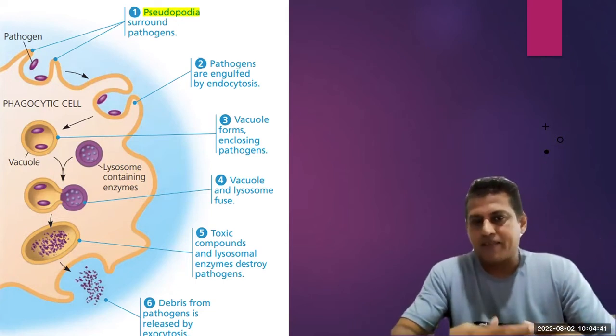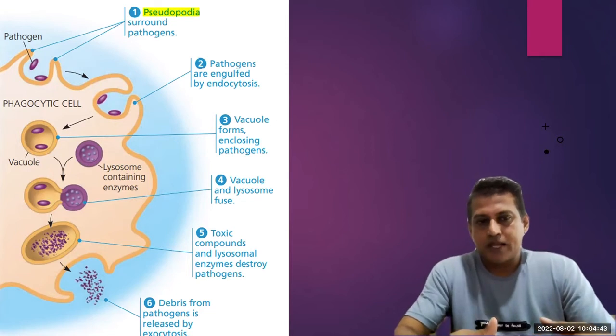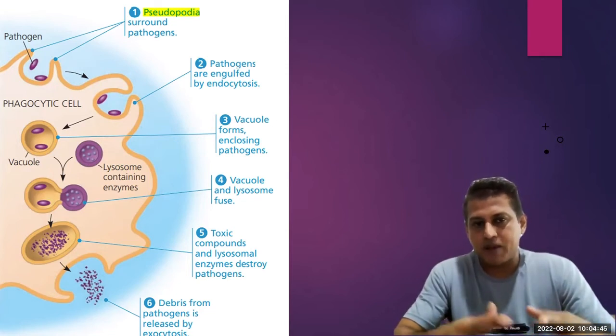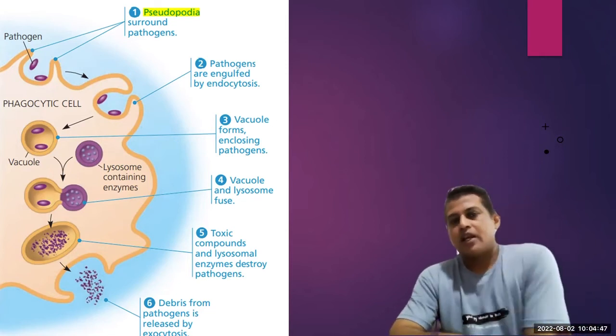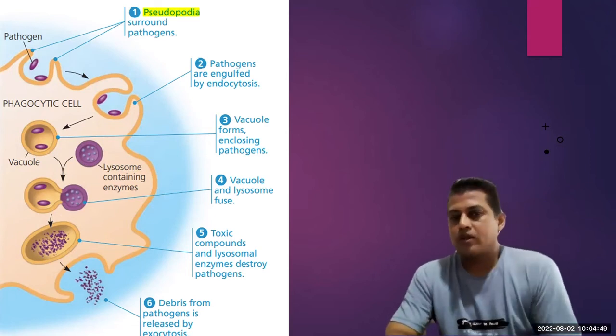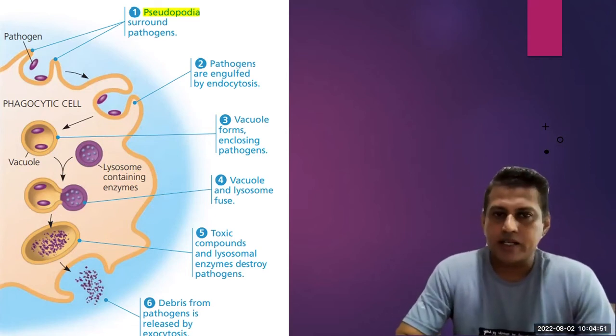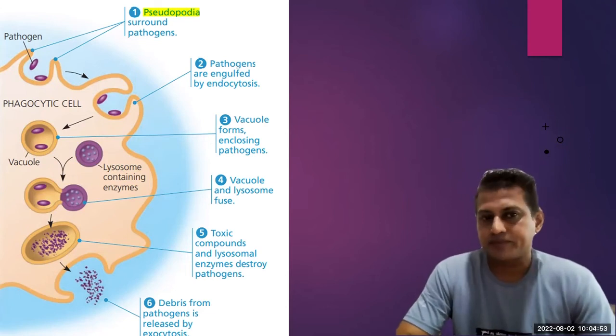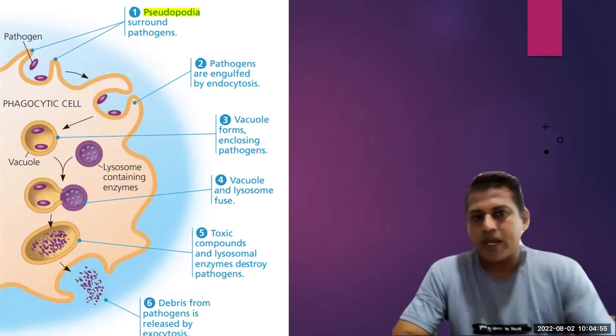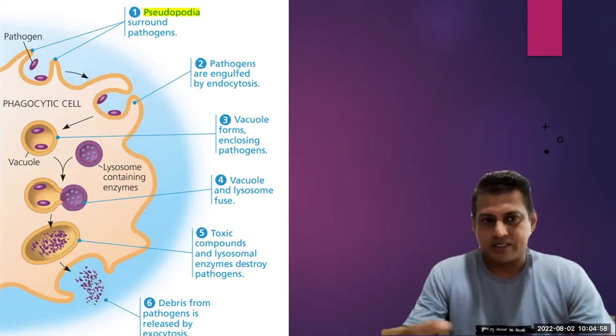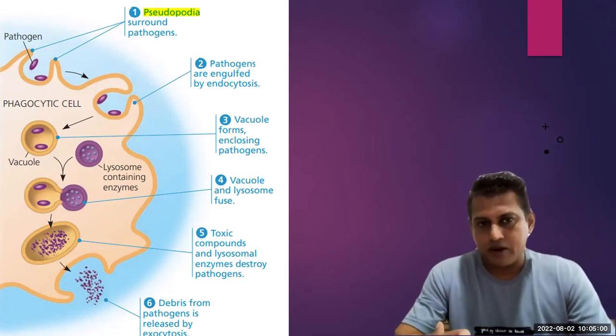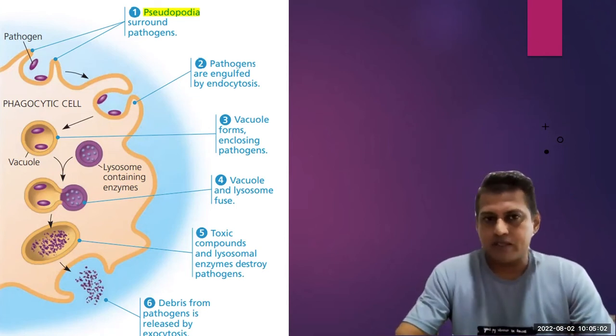And then after that, lysosome, you can see in the second picture, the pathogen is engulfed by endocytosis. Now, there are 2 words again, engulfed and endocytosis. Engulfed means trapped. That's not a very scientific word, it's a normal word.